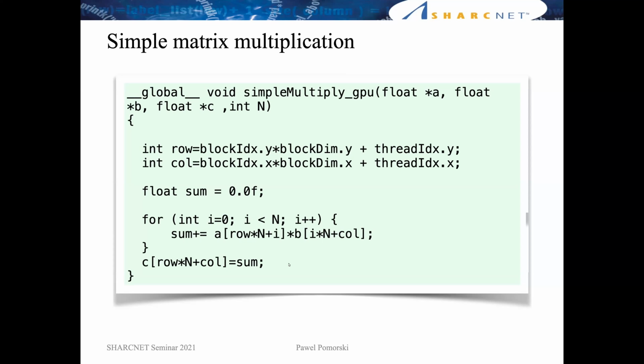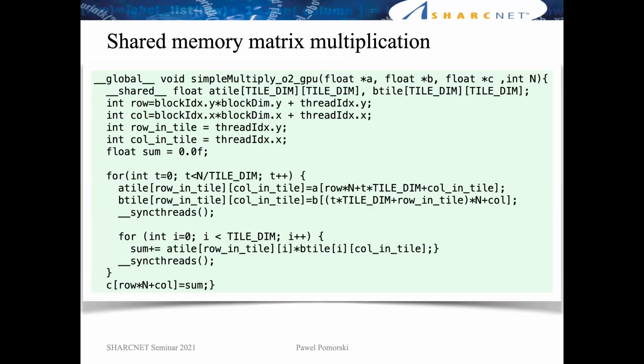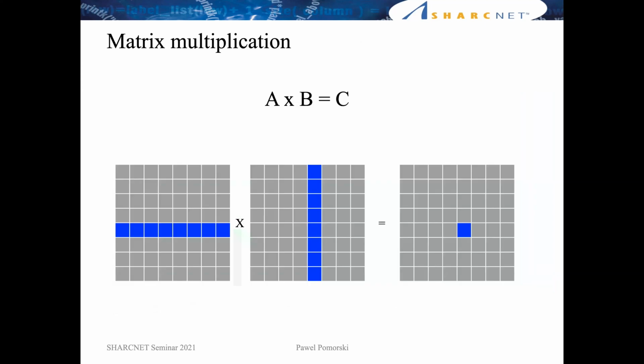So one simple way to fix this up is, let me go back to the picture. Let's now imagine that these are not individual elements of the matrix, but 32 by 32 blocks. So I have a block of threads, and each block of threads is handling a block element of the matrix. We could take a block element and copy it to shared memory.